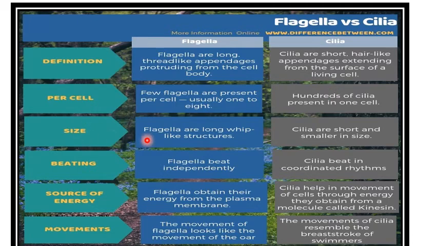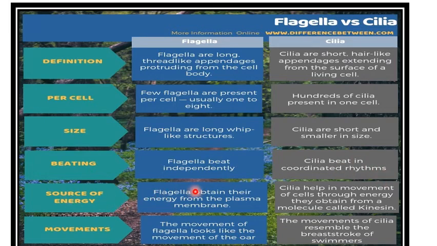Coming on to the size, flagella are long, whip-like, slender, thin structures, whereas cilia are short, hair-like structures that are smaller in size. Beating: flagella beat independently, but for ciliary movement, they have to move in coordination, as in my example of people rowing a boat.